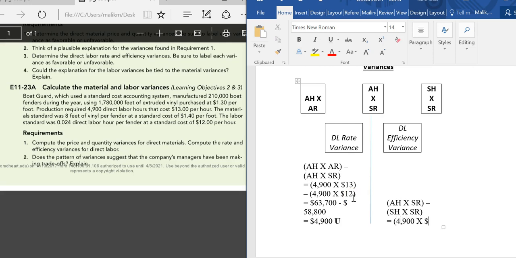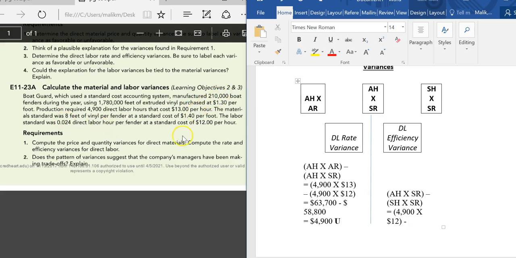4,900 times $12. Now the second part, or the third box, is all standard hour and standard rate. Now standard rate we already know, standard rate is $12, but what is a standard hour? And here you will have this information. It says that the labor standard was 0.024 direct labor hour per fender. So 0.024 hour is for one fender, and they actually manufacture 210,000 boat fenders.